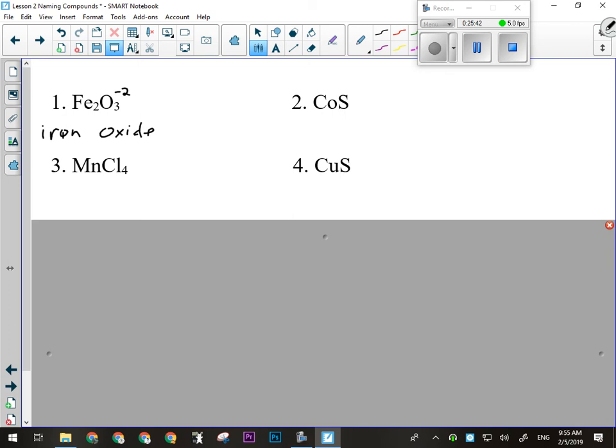It's O3. So there's 6 negative charges here. That means I need to get 6 positive charges out of this. I only have 2 irons to get 6 positives out of, so each iron must be 3. Yeah? So we got iron 3 oxide.